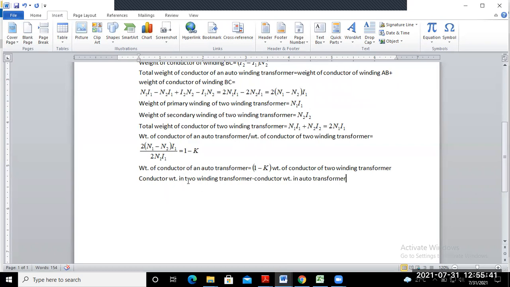Whatever conductor material is required for the two winding transformer, if you subtract the conductor weight in auto transformer, that is your saving of the conductor material.